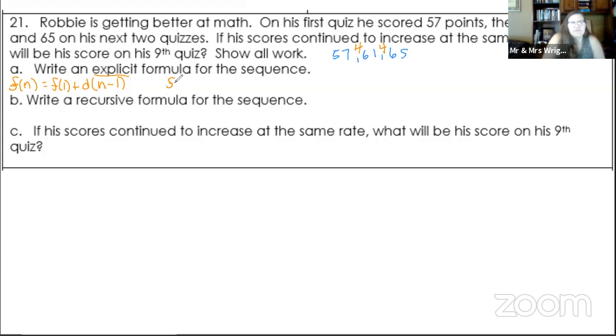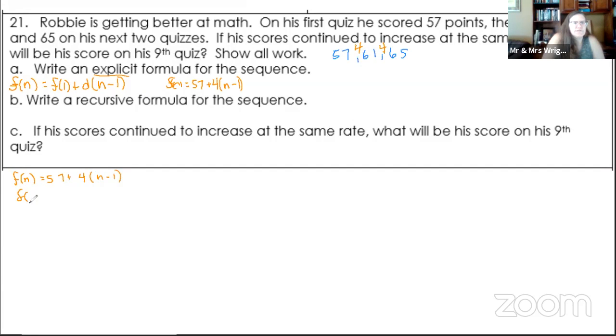That means f of n is, our first term was 57, plus the difference, what's our difference, is 4 times n minus 1. I'm actually going to write this down here because I know that they want it simplified, even though they didn't tell me to. I know that's just how they are.